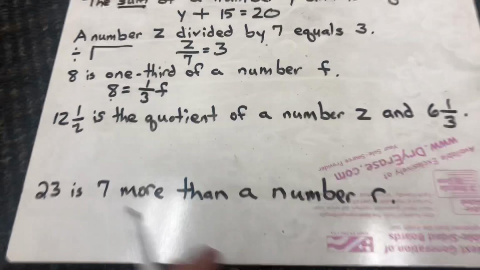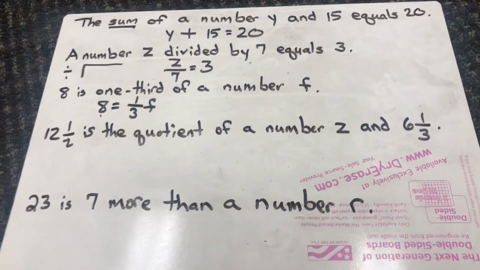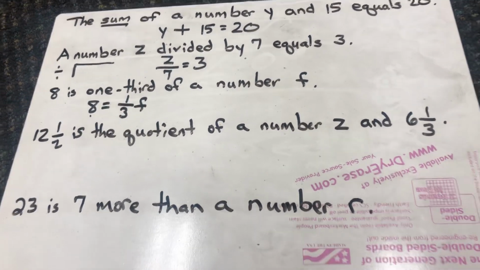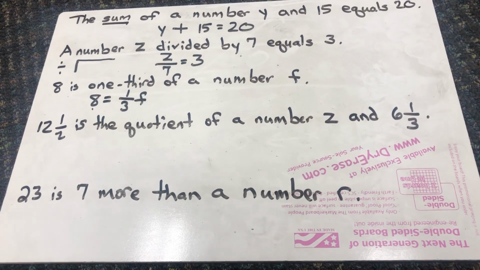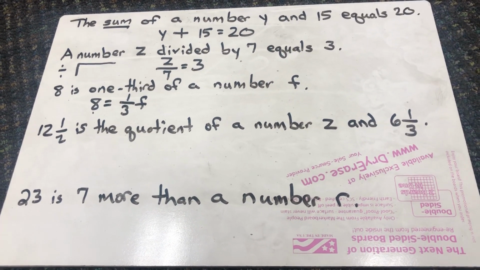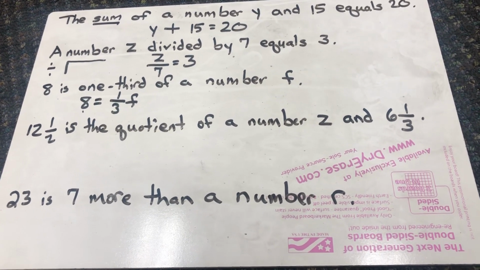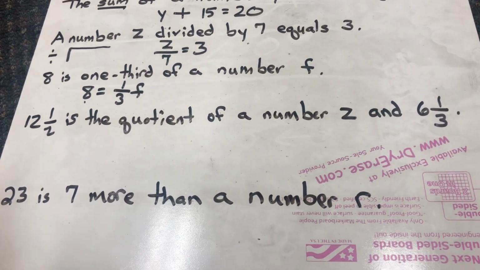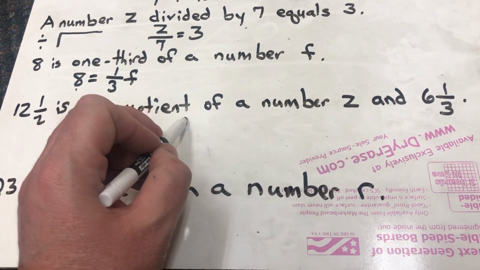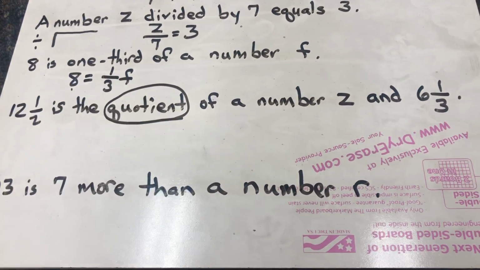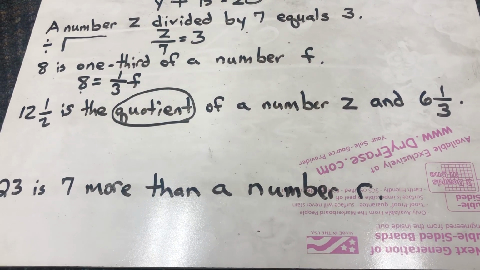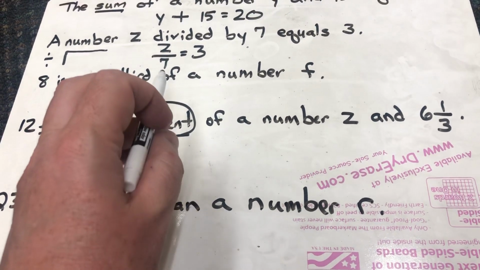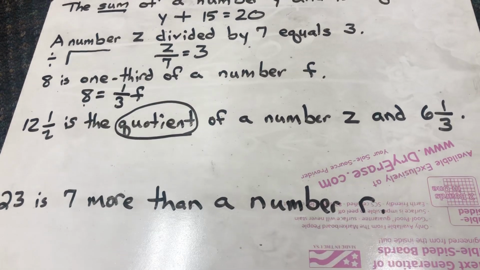All right, moving right along, 2 more. 12.5, sorry, is the quotient of a number z and 6 1/3. Well, quotient, once again, means division. Now, we talked about using fractions as division up there in this one.